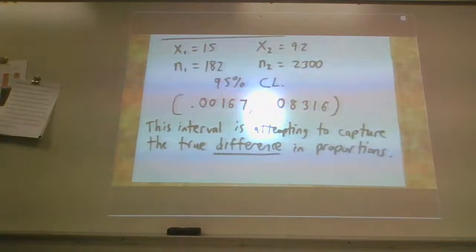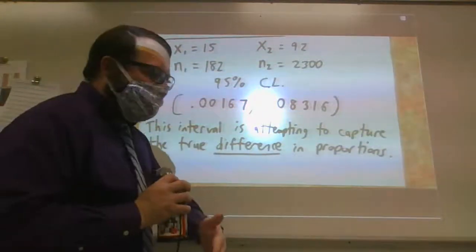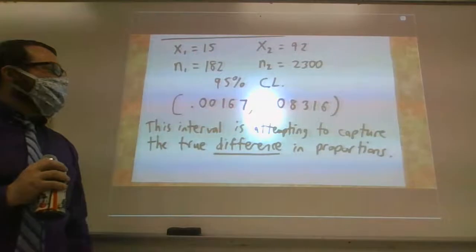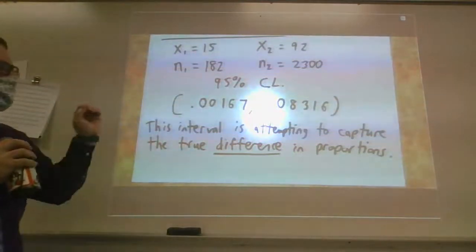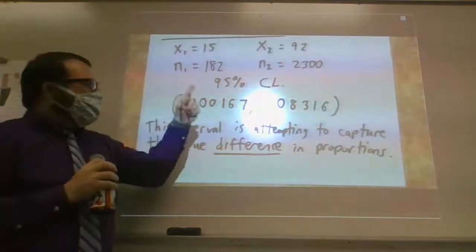Now I'm going to make this statement. I am 95% confident that the true difference in proportions between babies born near 9/11 site and not near 9/11 site is within this interval. I'm 95% confident that the true difference of the low birth weights is in this interval.